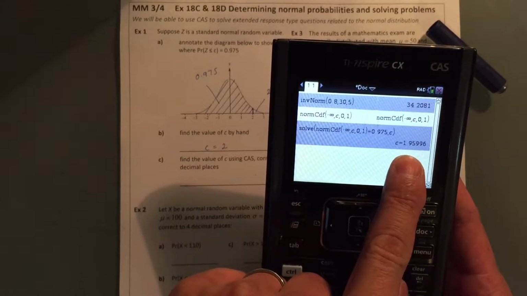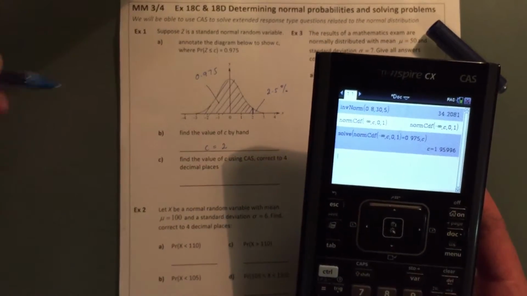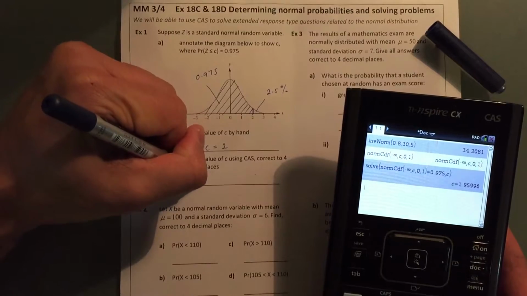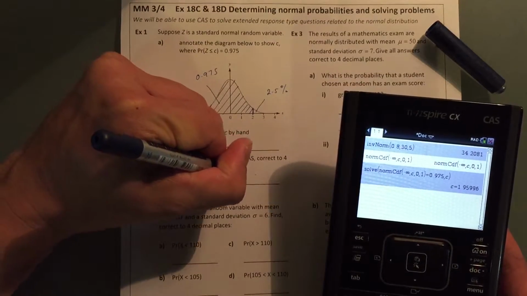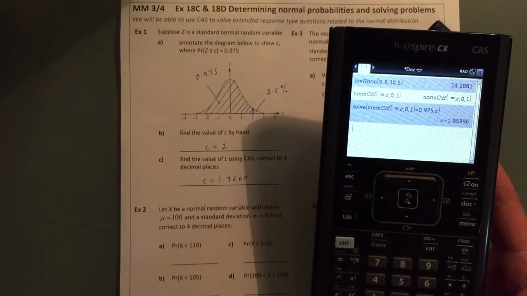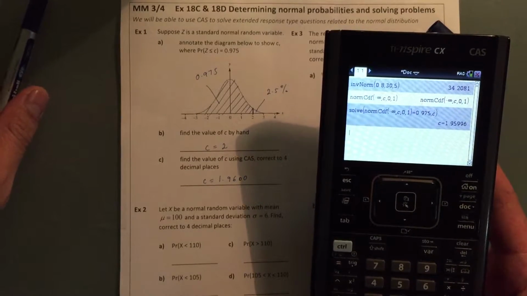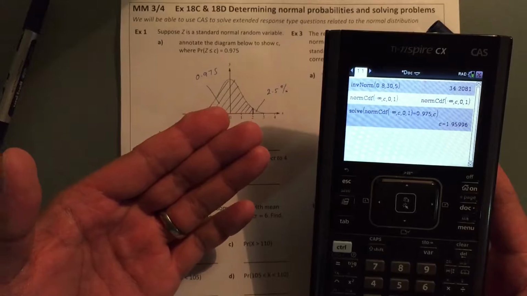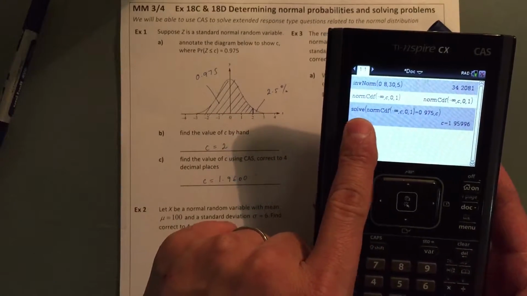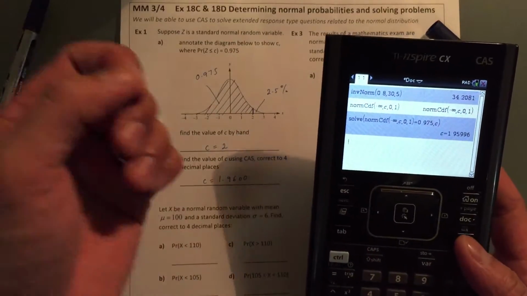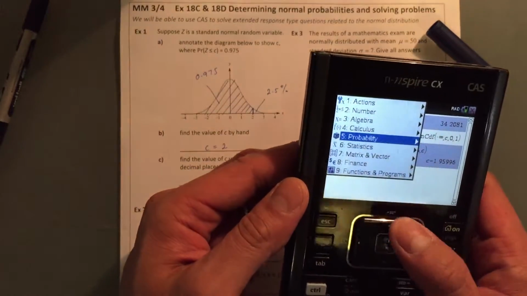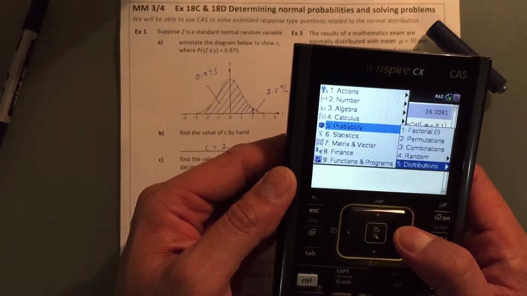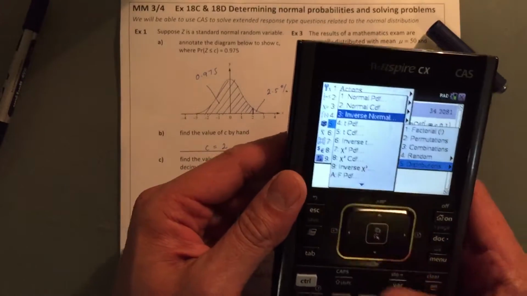C is 1.95996. To 4 decimal places, C is 1.9600. Now, alternatively, instead of doing this whole nested solve with norm CDF, the quicker way is to use the inverse norm command. It's off the same menus, but it's option 3 here, inverse normal.